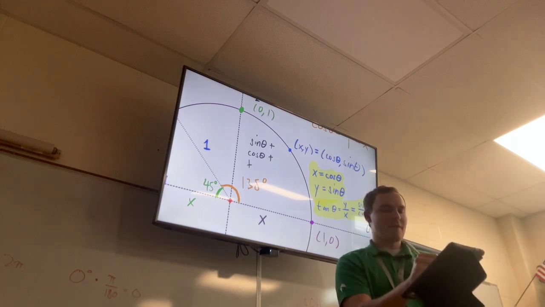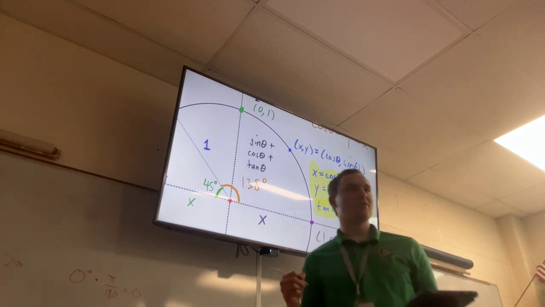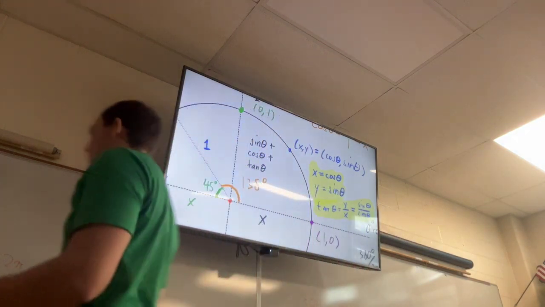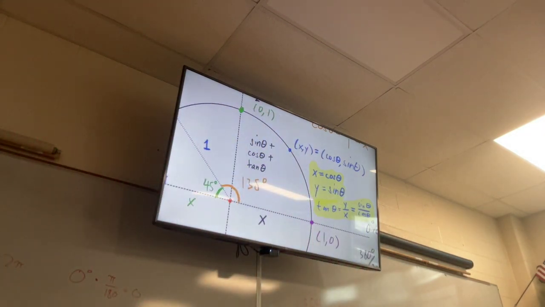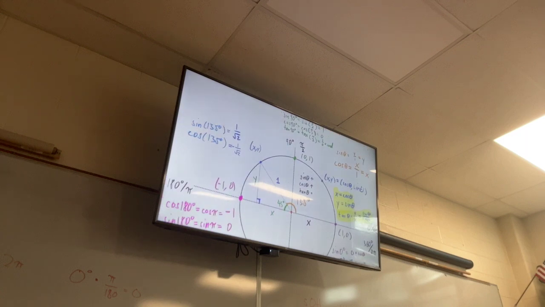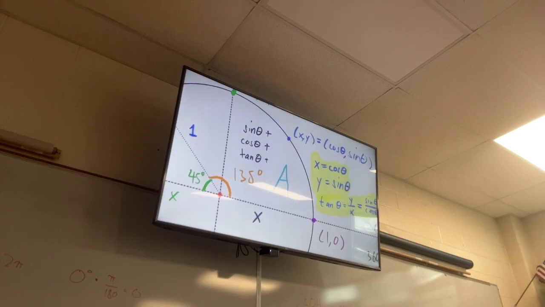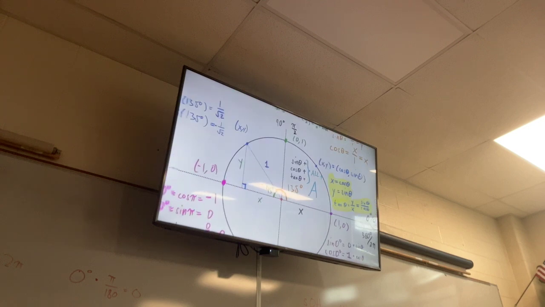If tangent is sine over cosine, what kind of number do you have if you divide a positive by a positive? Positive, yeah? So I'm going to put a big A here, in teal. That A stands for all of these trig functions being positive.